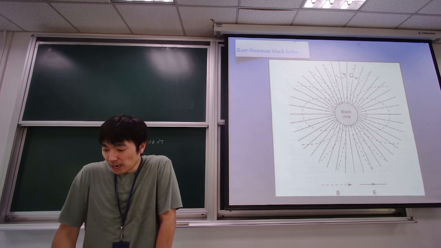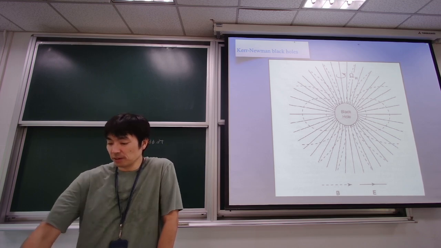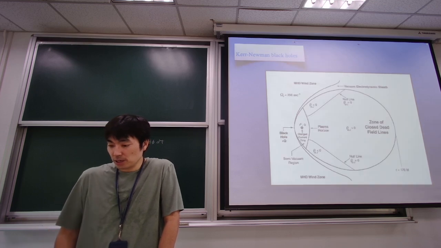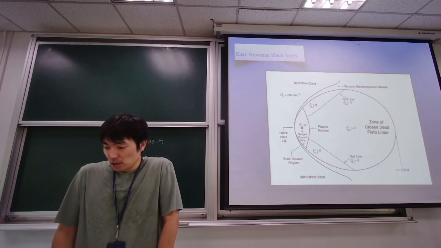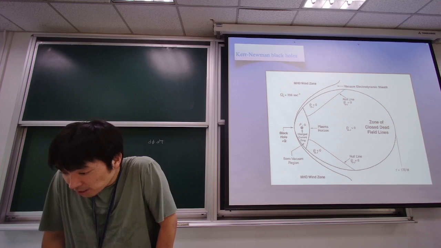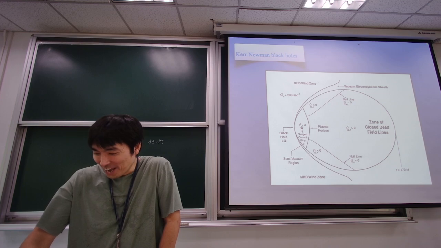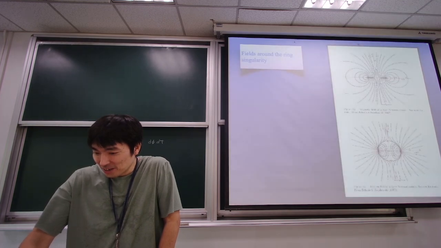So the solid line is the electric field. The dashed line is the magnetic field, like this way. Okay, and then what's this? I don't understand this figure. Anyway, field around the ring singularity.